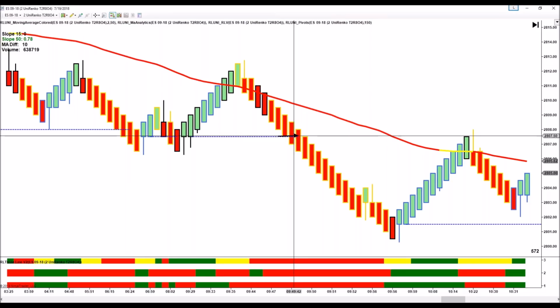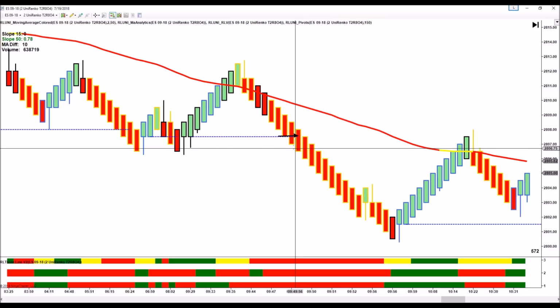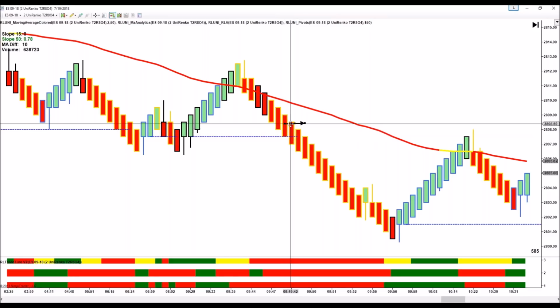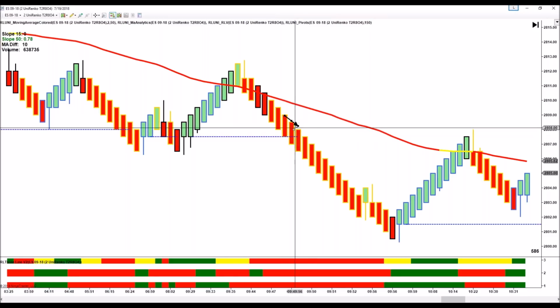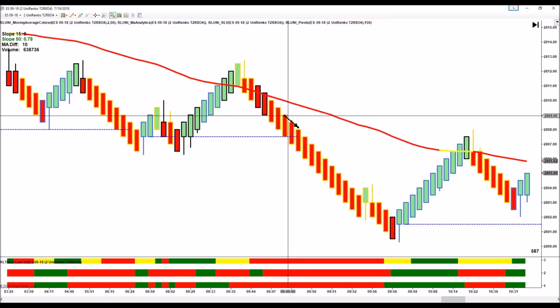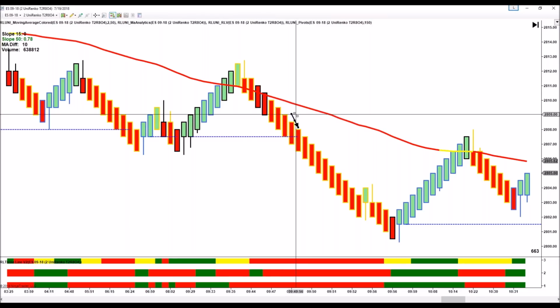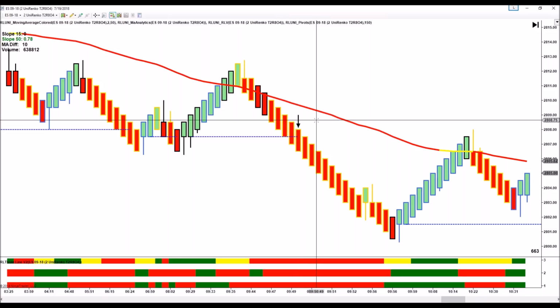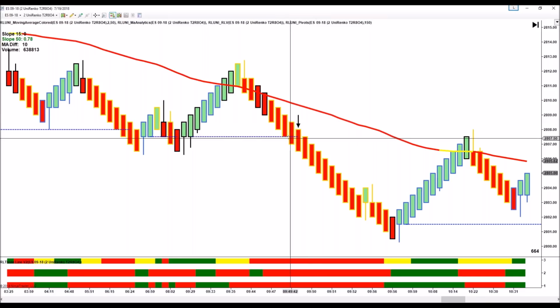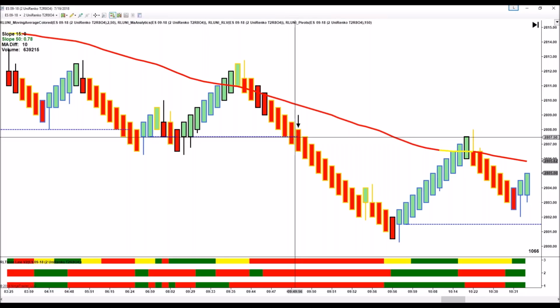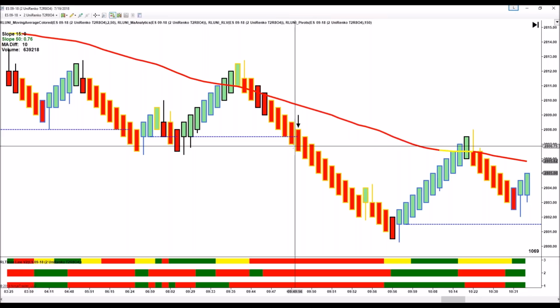It stops tracing here on this candle because in order to break a pivot, 2/3 of the candle body has to close below it. Only 1/3 of the candle closed below it here, so it continues to pivot. So the pivot is only going to break when 2/3 of the candle body closes below.